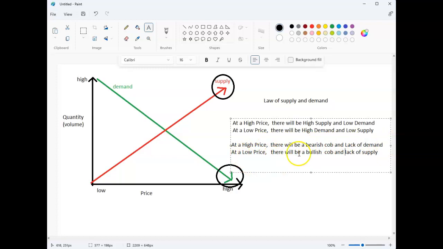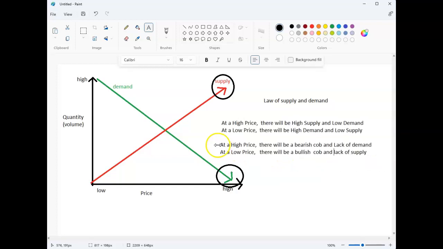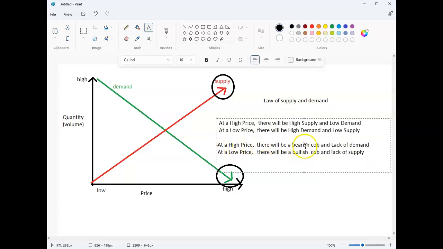And at a low price there will be a bullish change of behavior and lack of supply. You could substitute this with a sign of weakness. Same thing. Bearish COB, sign of weakness, or bullish COB, sign of strength. Okay? Very, very important.